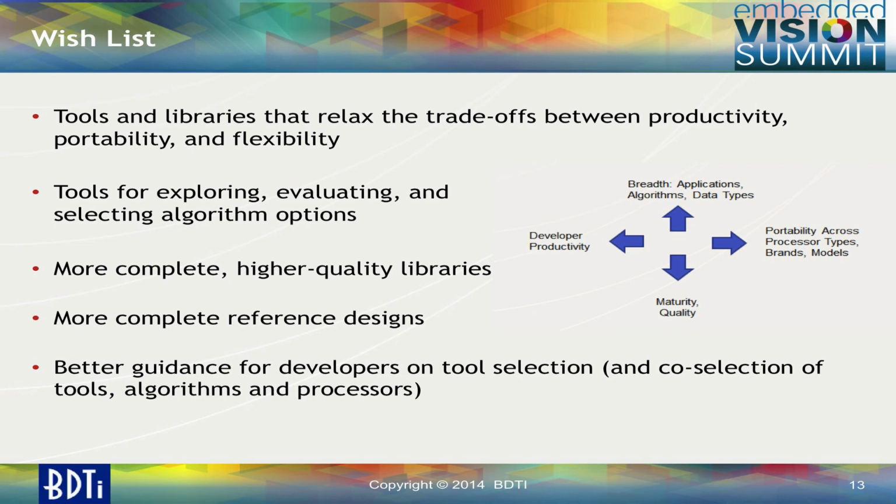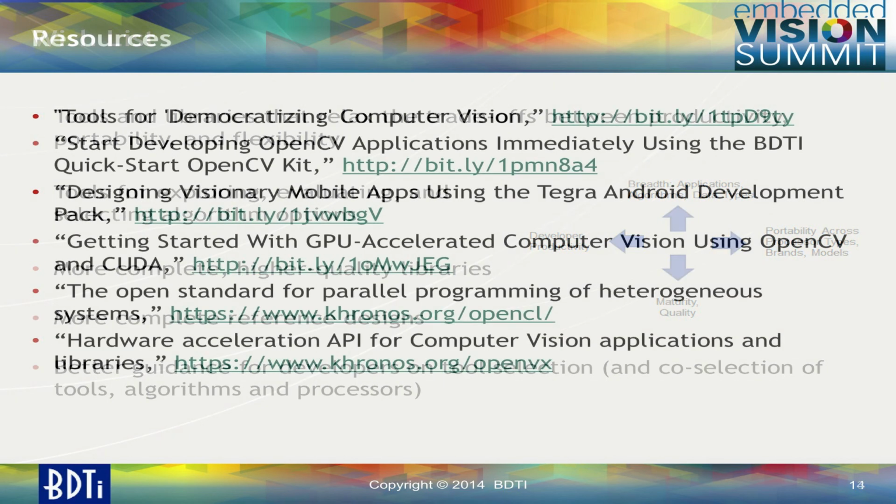We need efficient implementation to make our products practical, but we'd like to get it without giving up too much in terms of our developer productivity and portability from processor to processor. We'd also like tools to help us evaluate algorithm choices. There are lots of algorithm choices, lots of sub-choices of parameters, and often a lot of exploration is needed to figure out what are the best choices there. Currently, there aren't many tools to help with that.